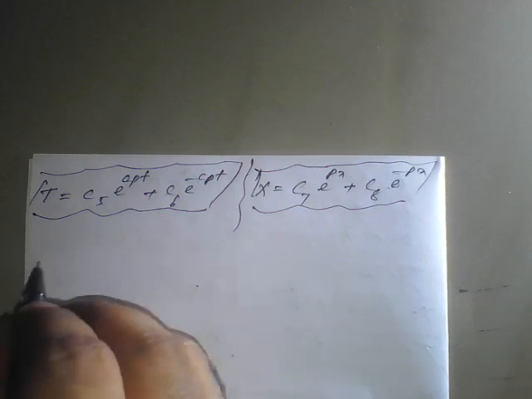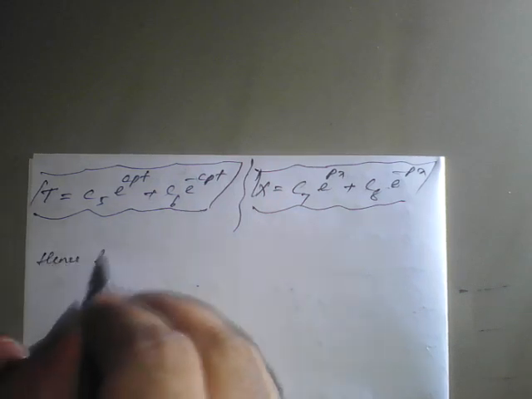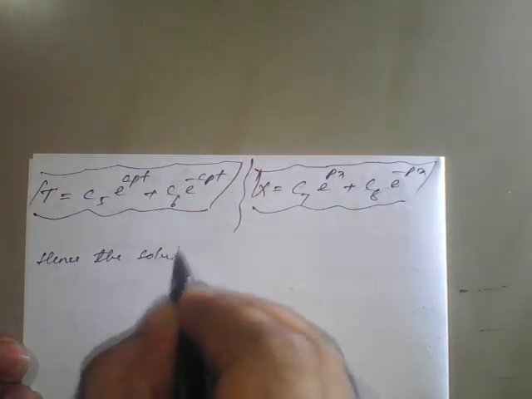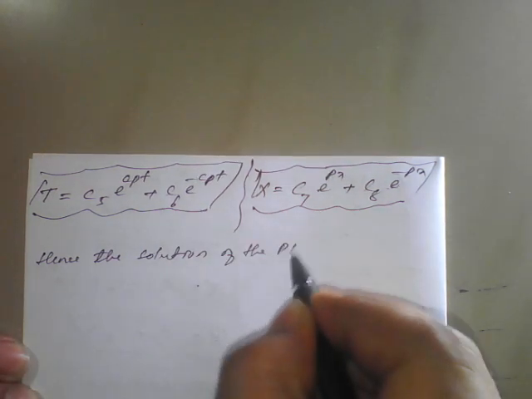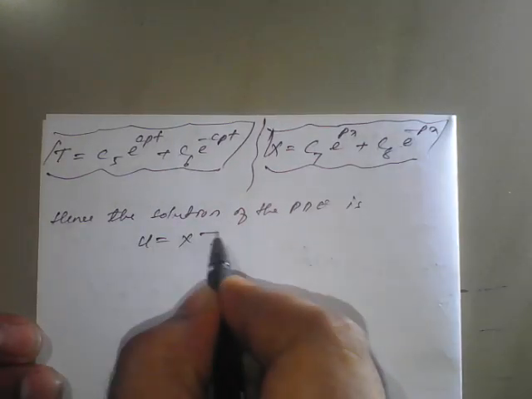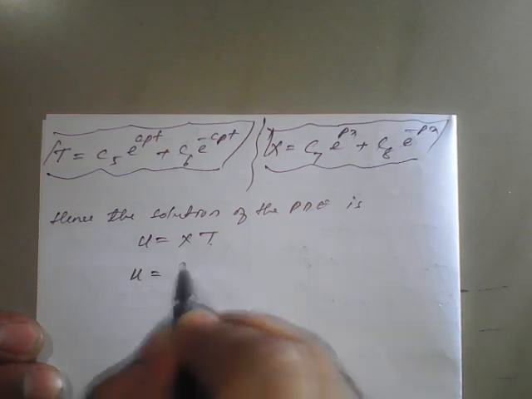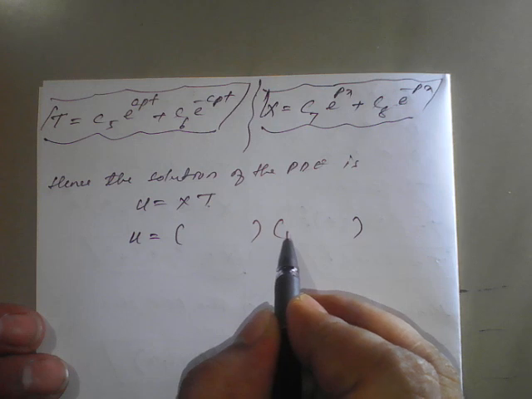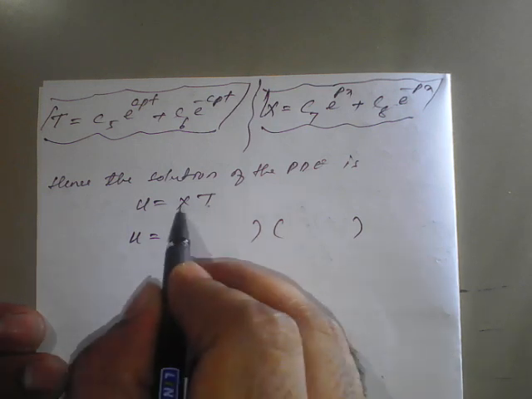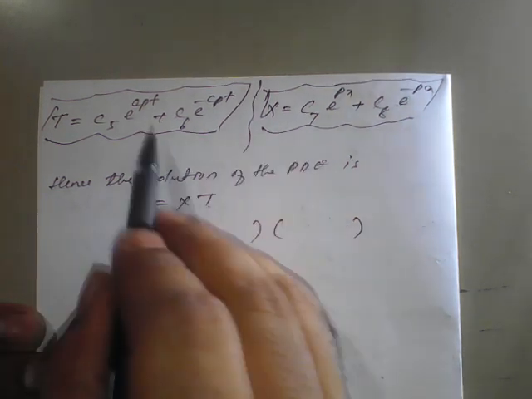So therefore, hence the solution of the PDE is u is equal to XT, that is u is equal to two brackets. Purposely I will write the value of X here, you can write XT or TX here.